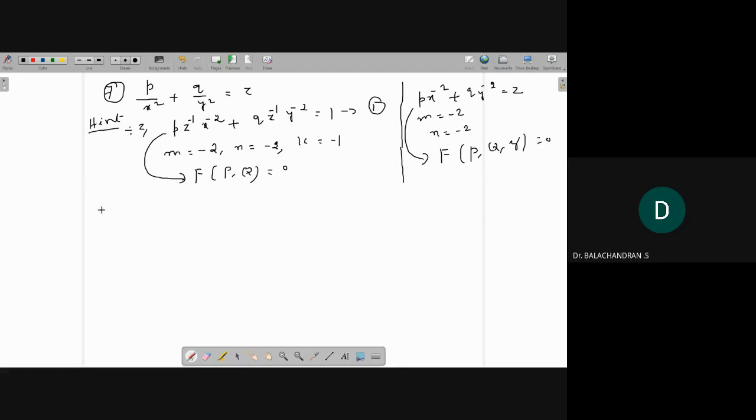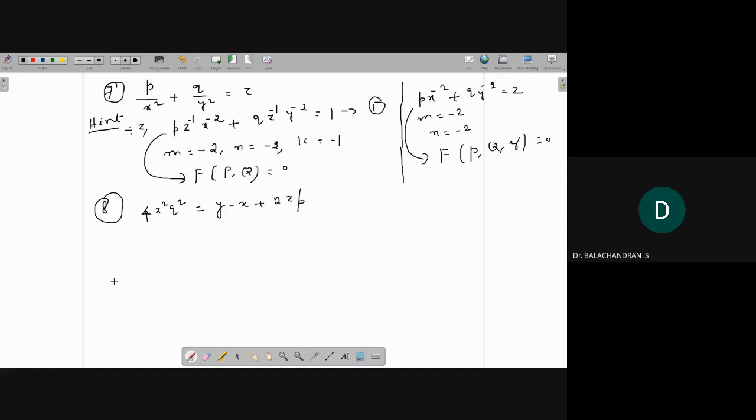So last problem. z square q square equal to y minus x plus 2 into zp.